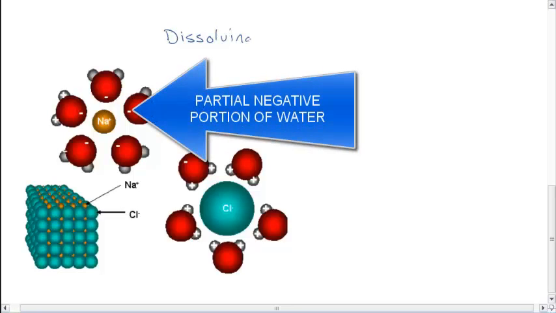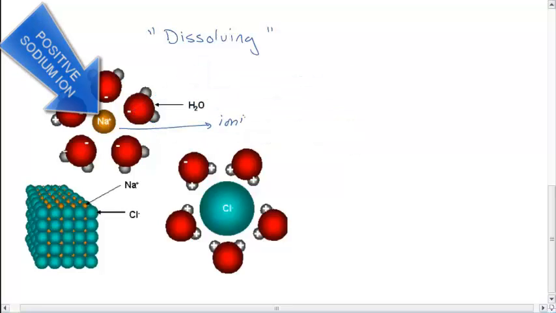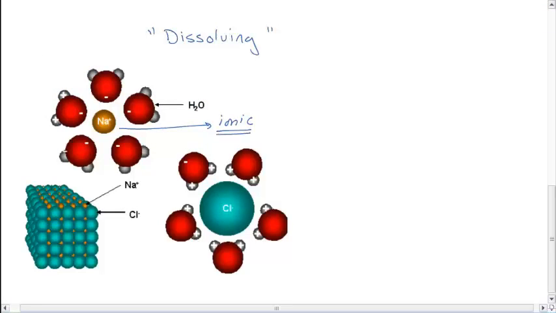And here I've got a diagram of salt dissolving in water. So here's my salt crystal. I put it in water, and all of the little crystal pieces break apart because sodium is now in its ionic form, and it's really happy to be a positive charge surrounded by the negative portion of the water molecule.